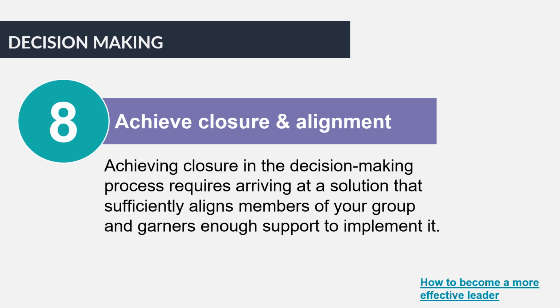But then it's always important to achieve closure and to achieve alignment, so much so that even those people who do not agree with the decision would still work towards achieving the goal that you have set out to achieve with the decision which you have made, because they have understood the reasoning behind it. So they are most likely to follow suit and contribute positively than negatively.